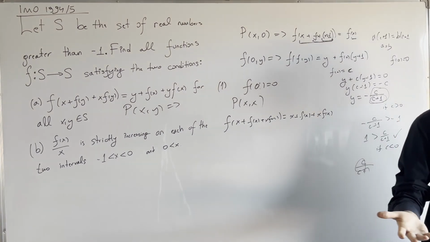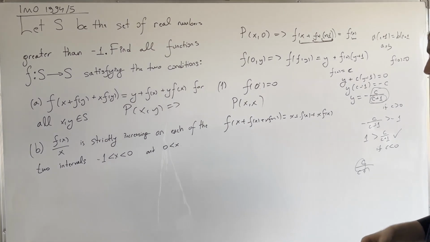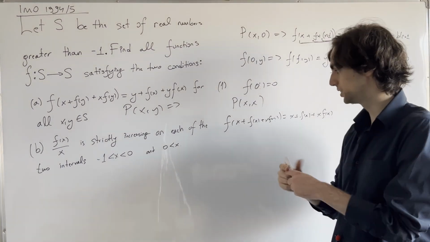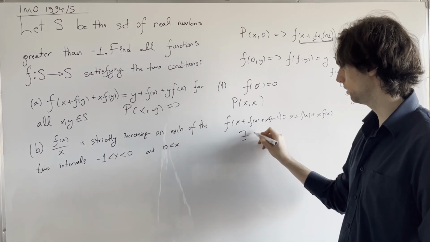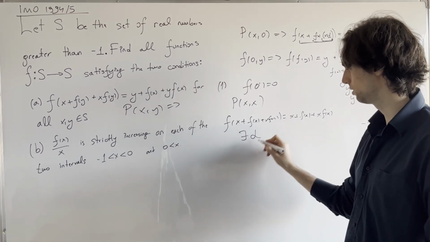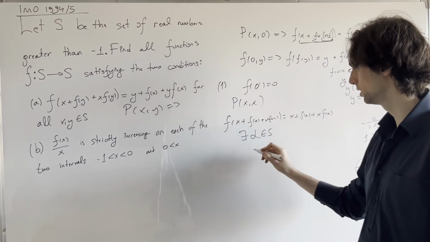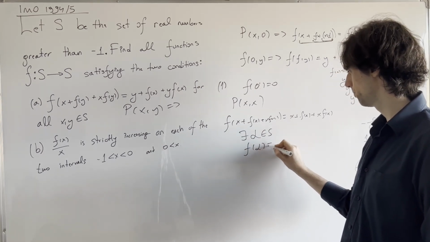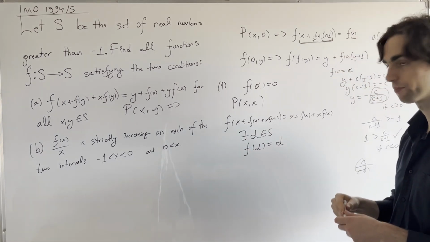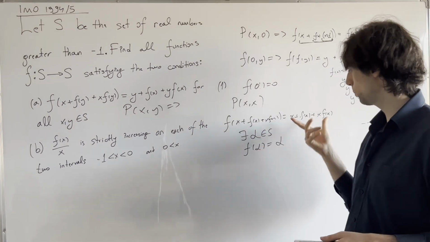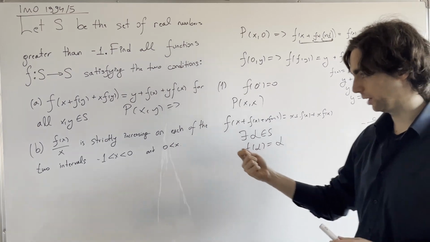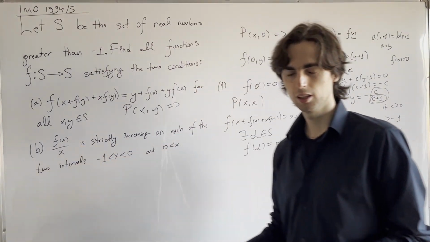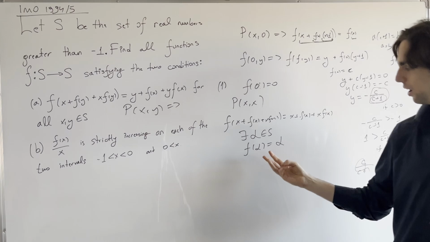And the answer is it does. It tells us there is some c, let's call this alpha. There exists an alpha from S such that f of alpha is equal to alpha. Right? That's what we have from here. And if you think about now this condition, how many alphas can we have?